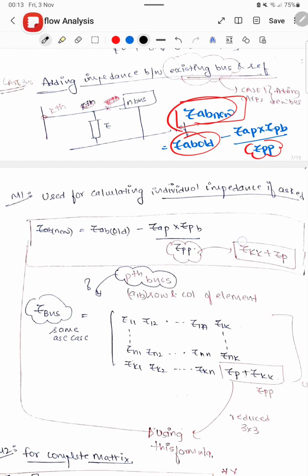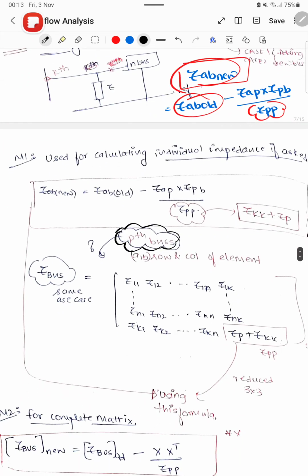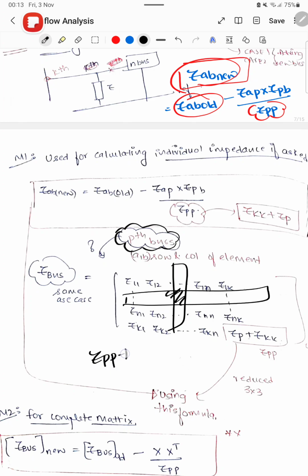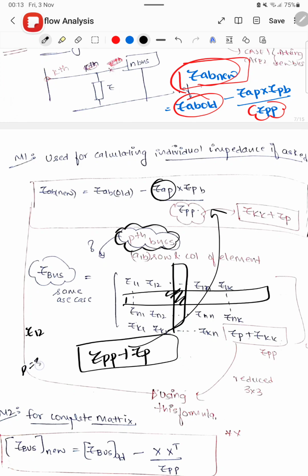Meaning, let's say you are adding to pth bus. Then we will see that pth bus row and column, whatever we get, that becomes Zpp plus your impedance Zp, that will become the denominator, and in the numerator, let's say you are asked to find Z12 and p is equal to 3, so it will become Z12 old minus Z13 into Z31 upon Zpp plus Zk.